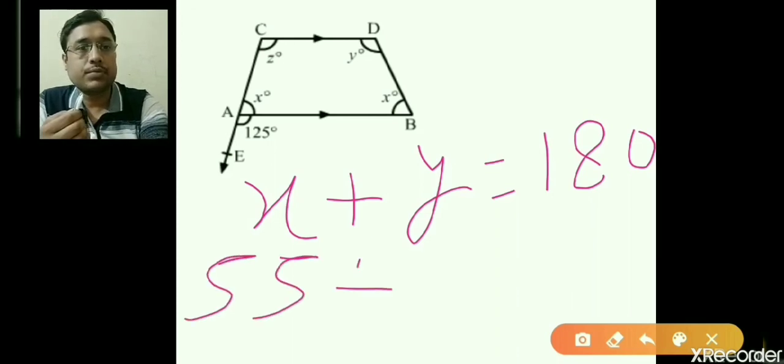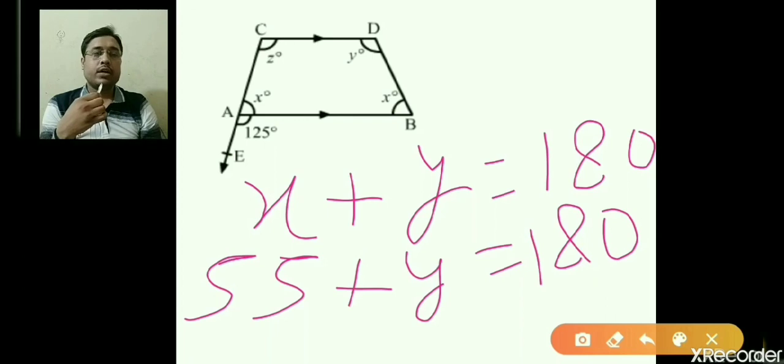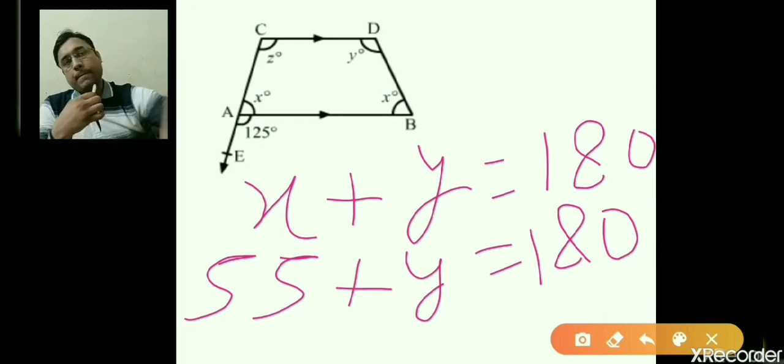So 55 plus y equals, again, 180. Then y you will get again 125 degrees, 180 minus 55. This way you can solve such questions where you have to use consecutive interior angles and linear pairs.